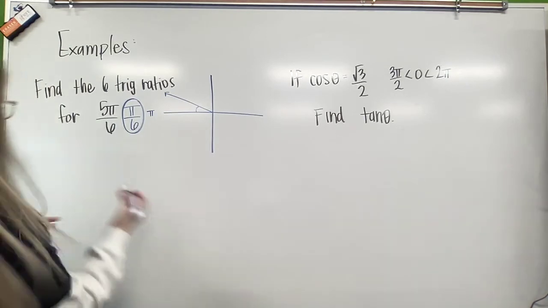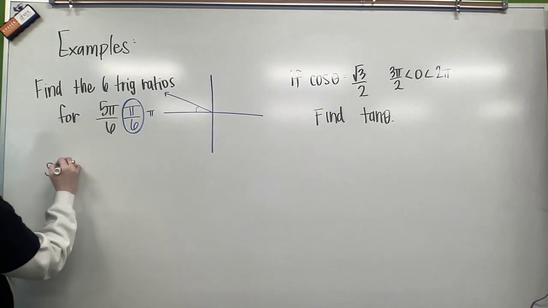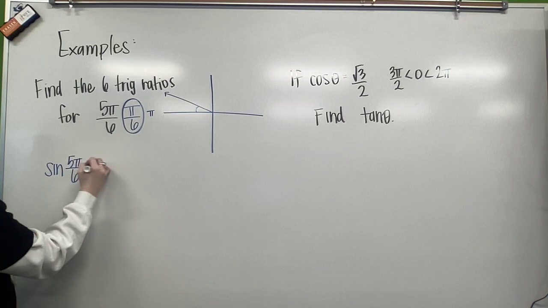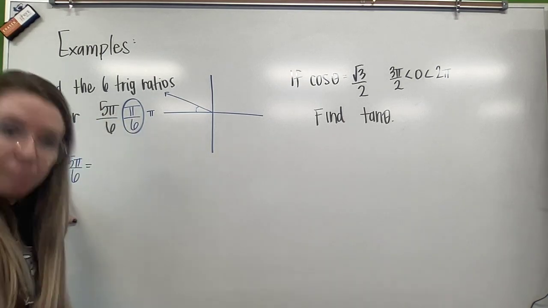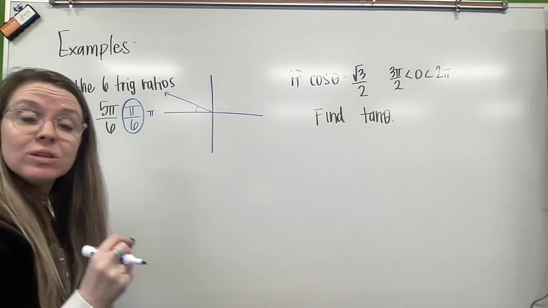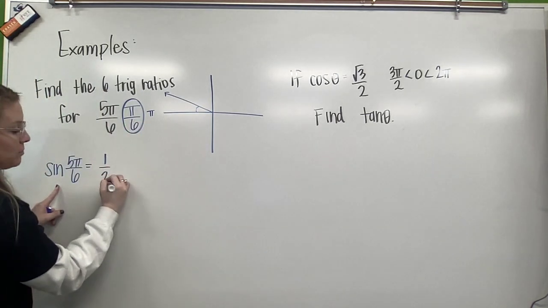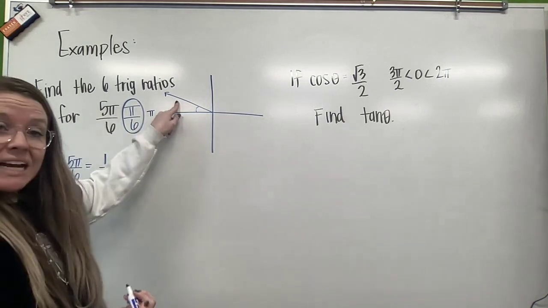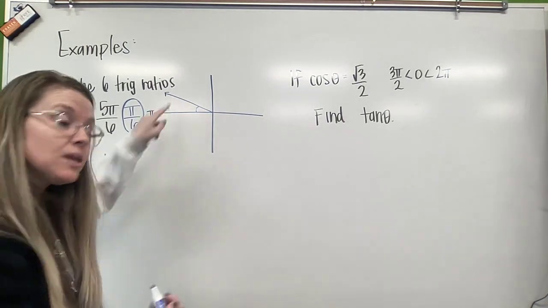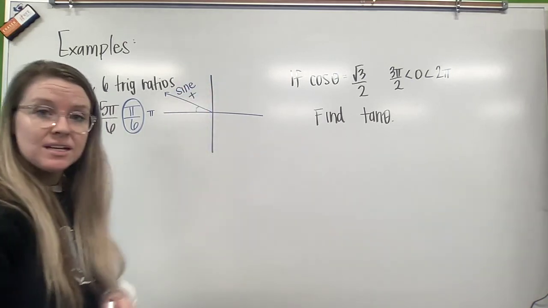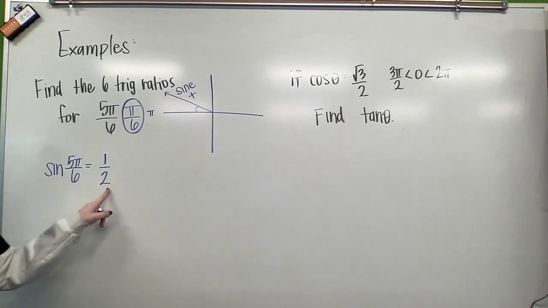All right? So we're still finding the sine of 5 pi over 6, but we're using our knowledge of pi over 6. We know that the sine of pi over 6 is 1/2. And because we're in the second quadrant, we know this is where sine is positive. So sine's going to stay 1/2.